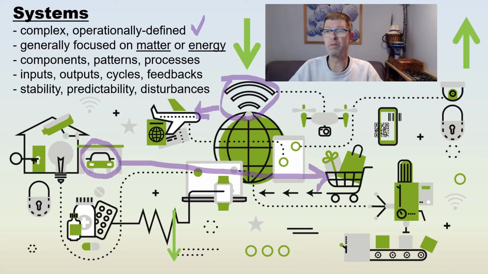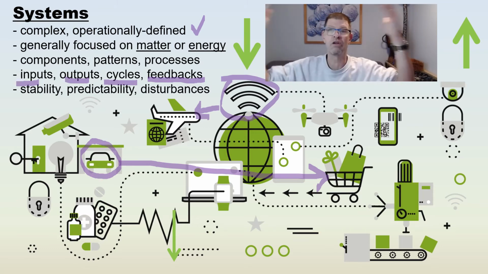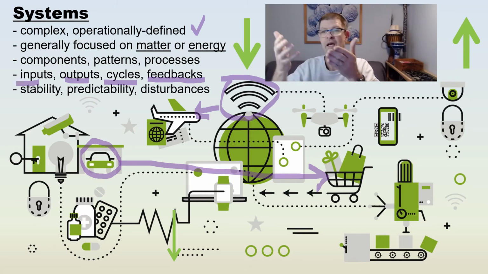So we would be looking at a system like this, trying to figure out what are the inputs, what are the outputs, what is cycling within this system, and what type of feedback is there that keeps it stable or makes it cycle out of control? Stability, predictability, disturbances, okay? And then I've underlined two things here that are really important.